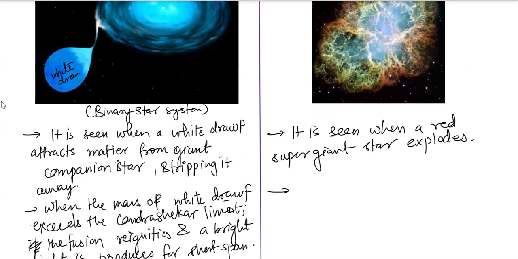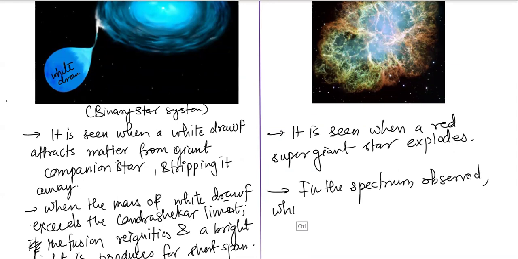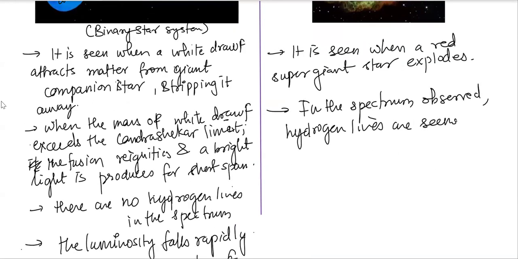In the spectrum observed, we can see hydrogen lines. This is because the red supergiant will have some hydrogen in its outer shell, and that hydrogen can be visible in the absorption spectrum.